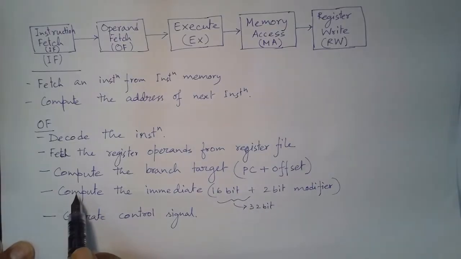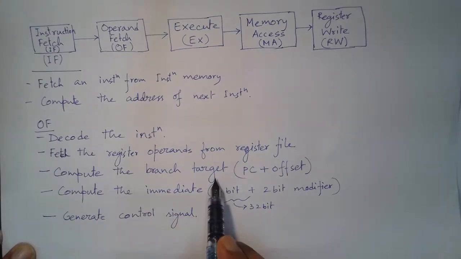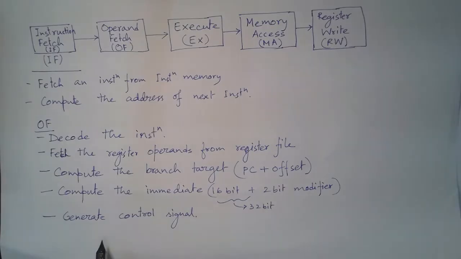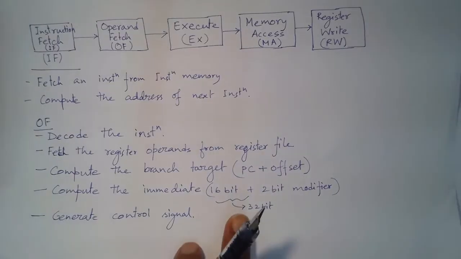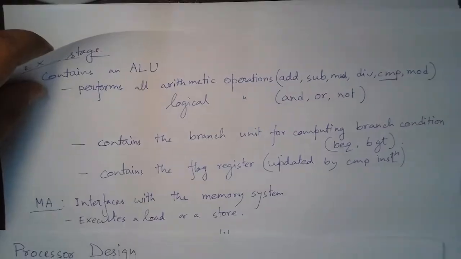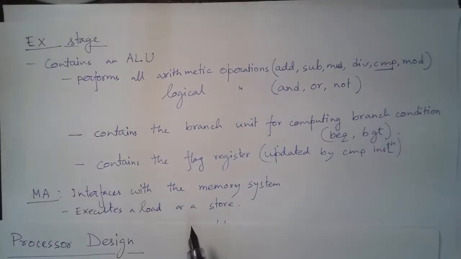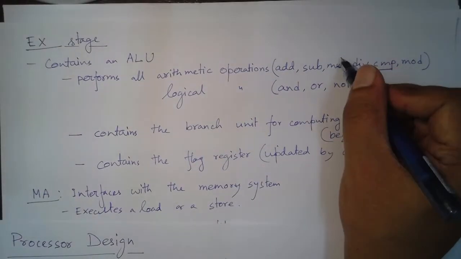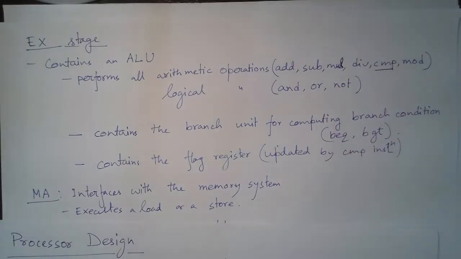If there is a branch instruction like an unconditional branch or a call or return kind of instruction, then we need to compute the branch target using the offset value available in the instruction. And for doing all these things, we need to generate the control signals as well. In the execute stage, we perform all the ALU operations: arithmetic operations like add, subtract, multiplication, division, comparison, mod, etc., and logical operations.